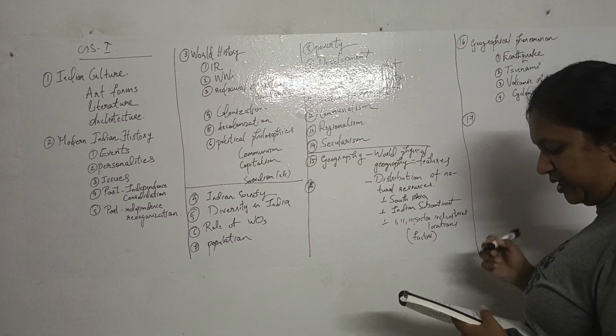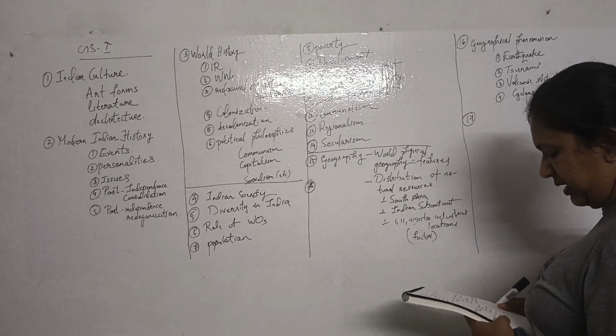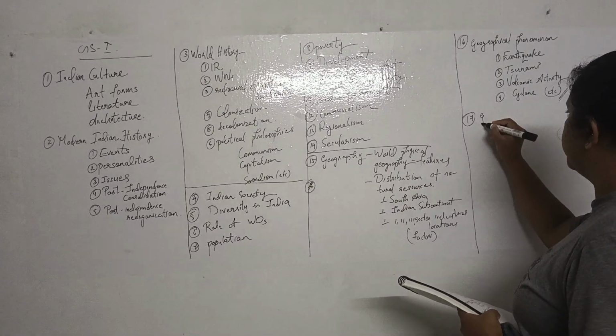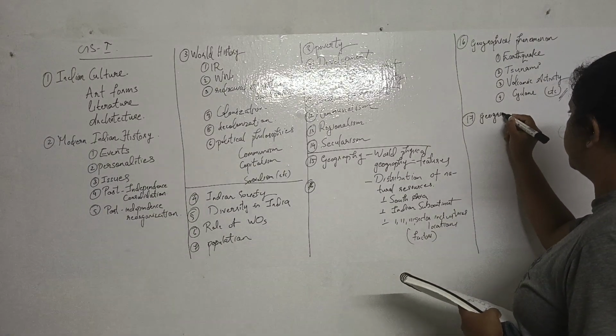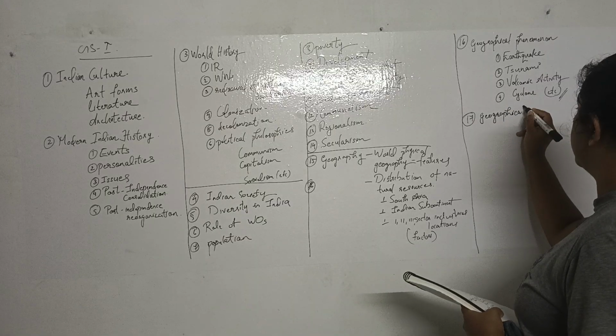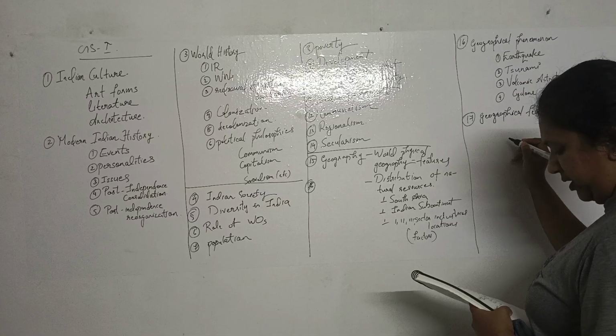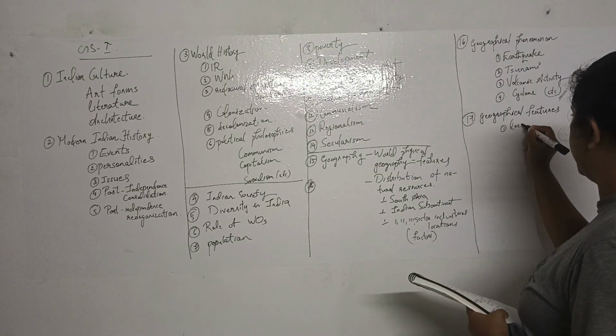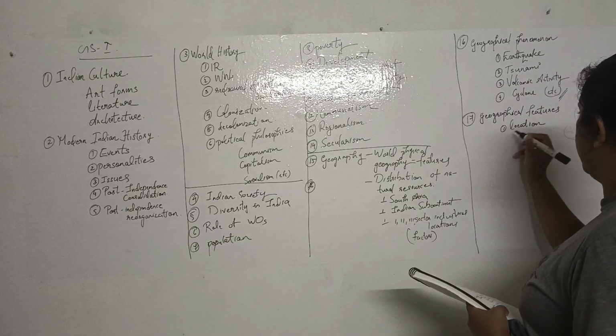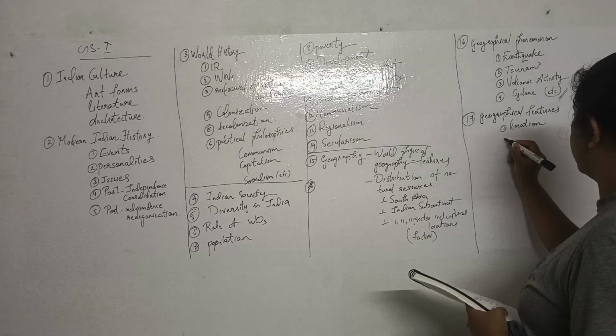So the next topic is geographical features: the definition of geographical features, lakes, that kind of thing.